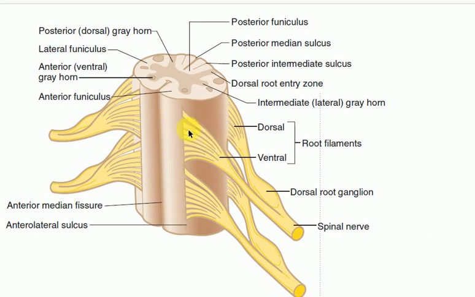Now those rootlets join together to form the ventral root and the dorsal roots, and the ventral and the dorsal roots join together to form the spinal nerves, as you can see over here.